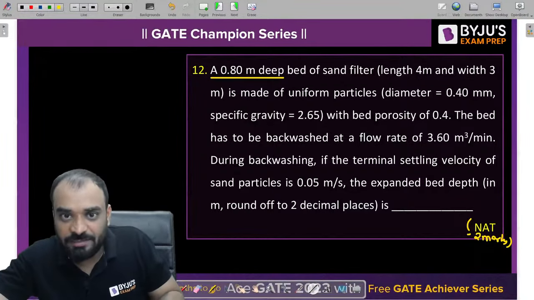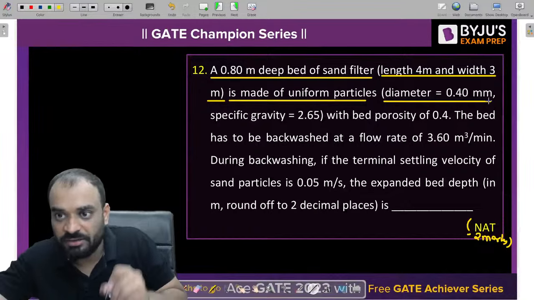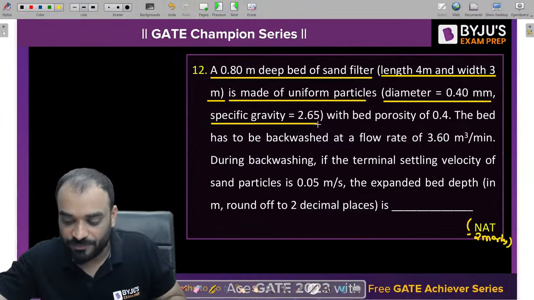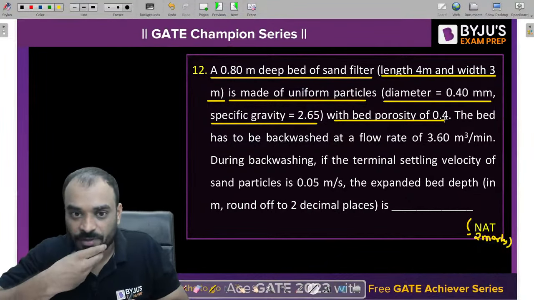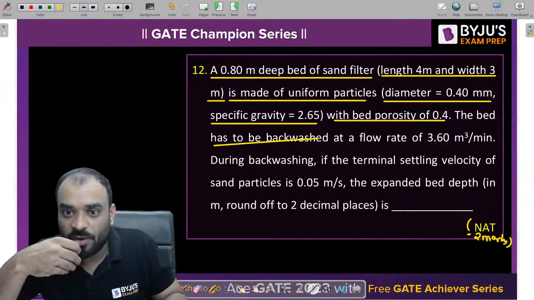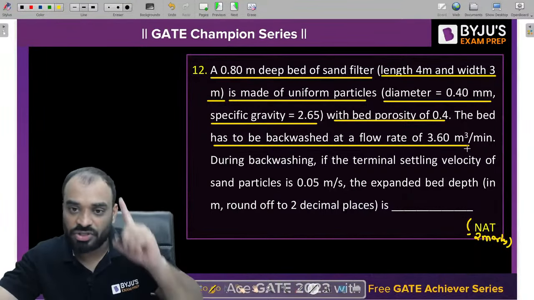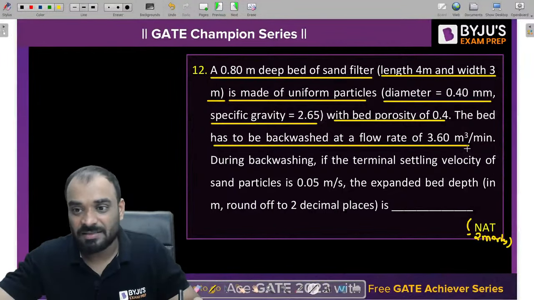A 0.8 meter deep bed of sand filter, whose length and width are given, is made up of uniform particles whose size is 0.4 mm and the specific gravity is 2.65. Now the bed has a porosity of 0.4. The bed has to be backwashed at a flow rate of 3.6 meter cube per minute.